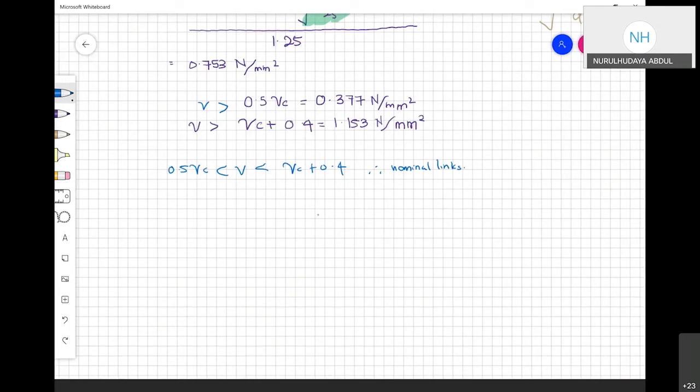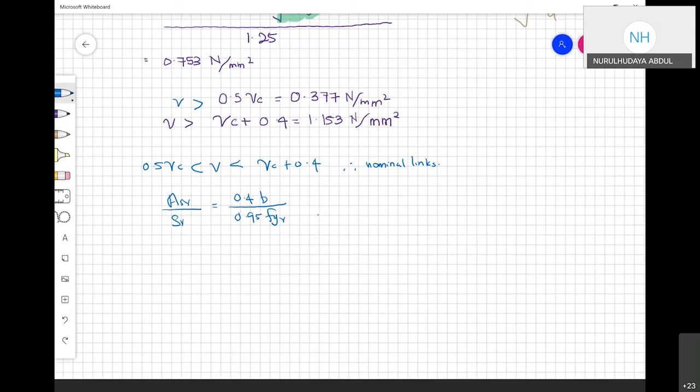So I simplify here: ASV divided by SV equals 0.4 B divided by 0.95 FYV. Just insert into the formula. So 0.4 times B, 325 mm, divided by 0.95 times FYV.